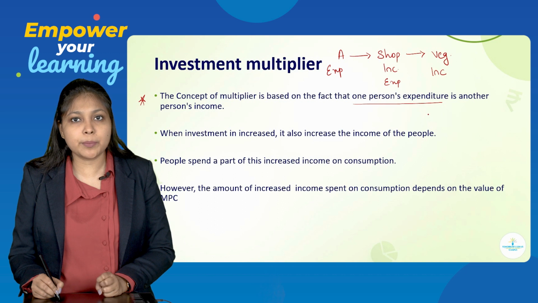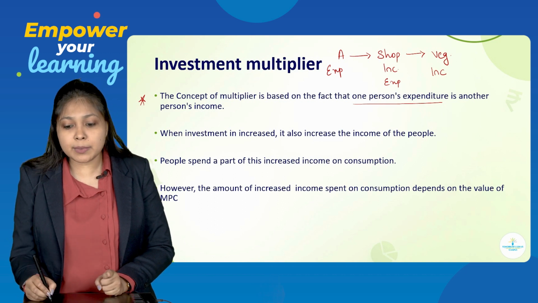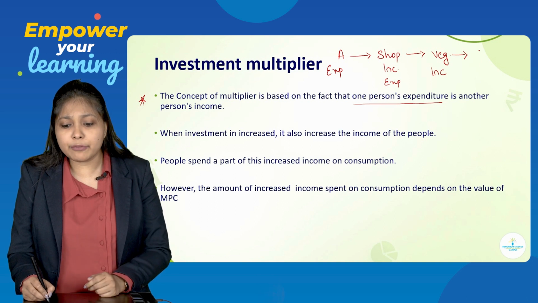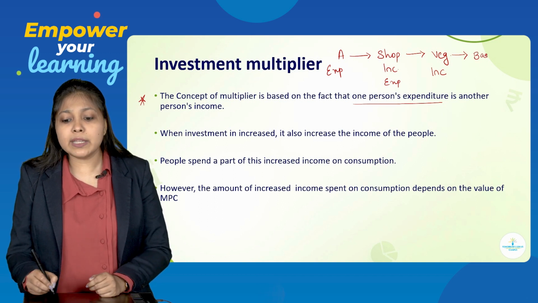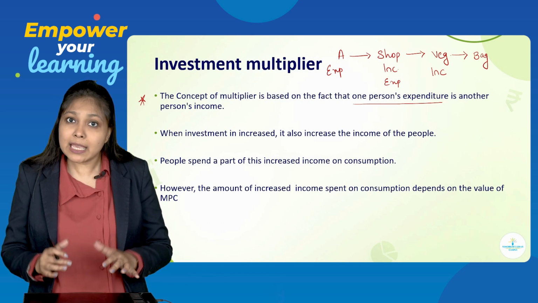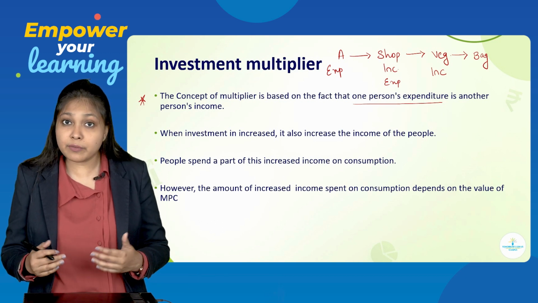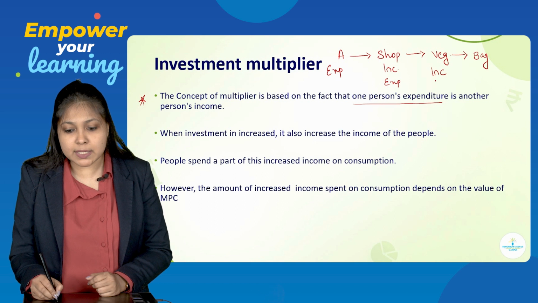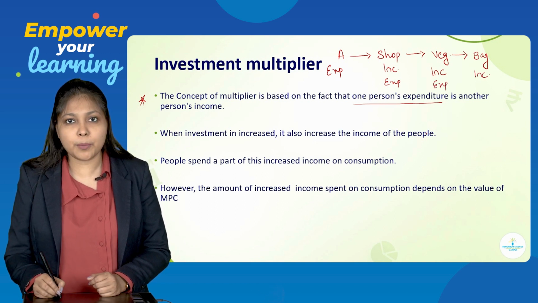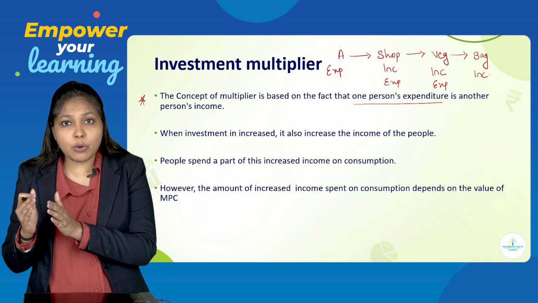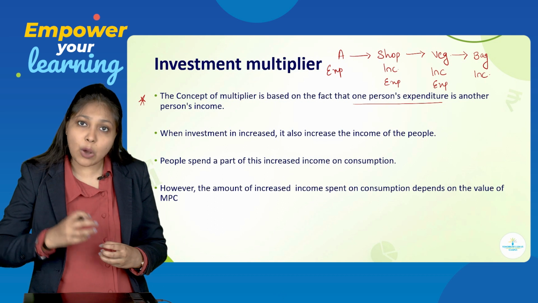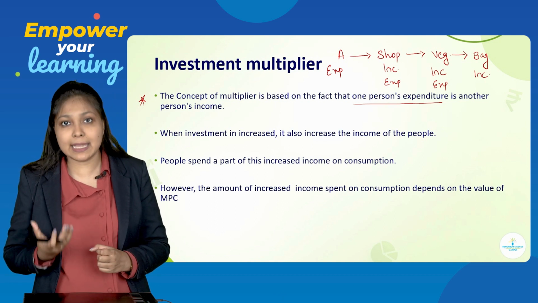Now, this vegetable shopkeeper also wants to buy a new bag for his son. When he goes to buy this bag, he will not get that bag free of cost. He will be paying some amount of money. So when he is paying that money, it becomes an expense for him and income for the bag shopkeeper. So in this flow, you can very easily understand that one person's expenditure will always be another person's income.